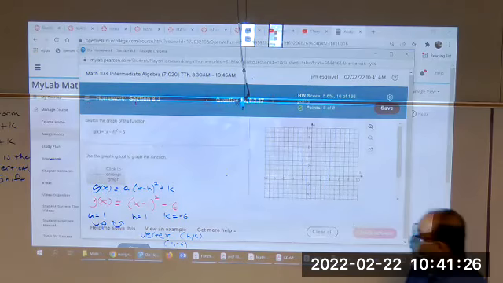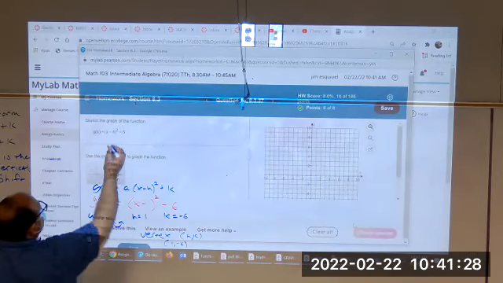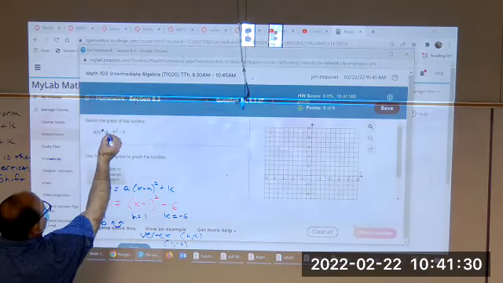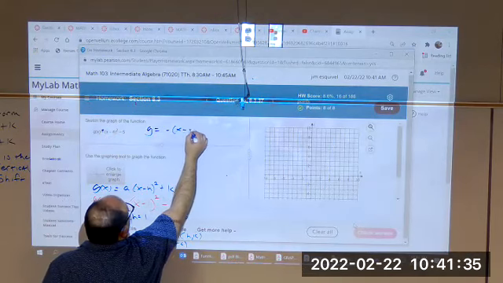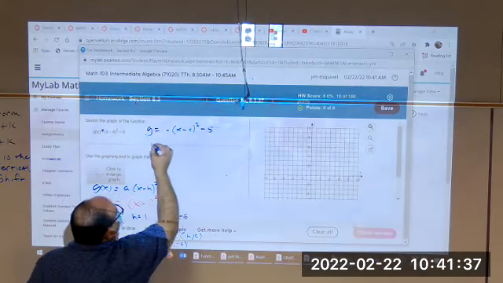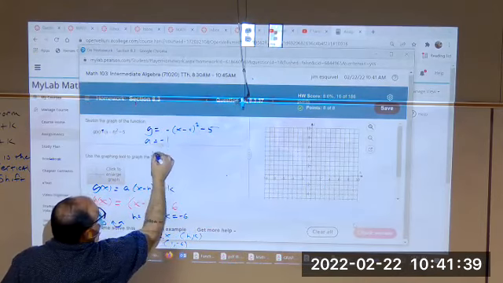I'm just going to pretend that there's a negative in front of it so you can see what happens if you need to do an actual negative. So a is a negative 1, so it's going to go down.